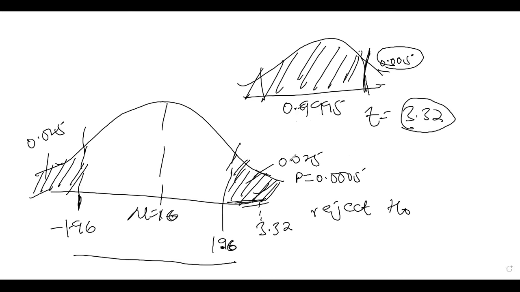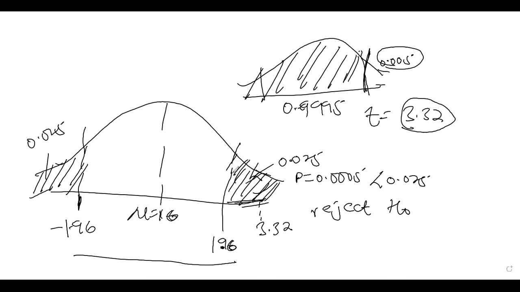And the maximum allowable error that we allow in terms of p is 0.025, all right? And we are still at 0.0005, which is less than the maximum allowable error of 0.025. So it means that we are still lingering in the rejection region.